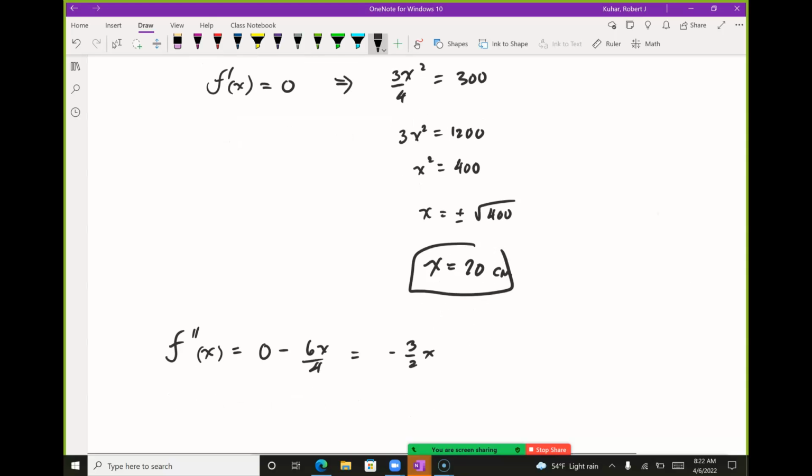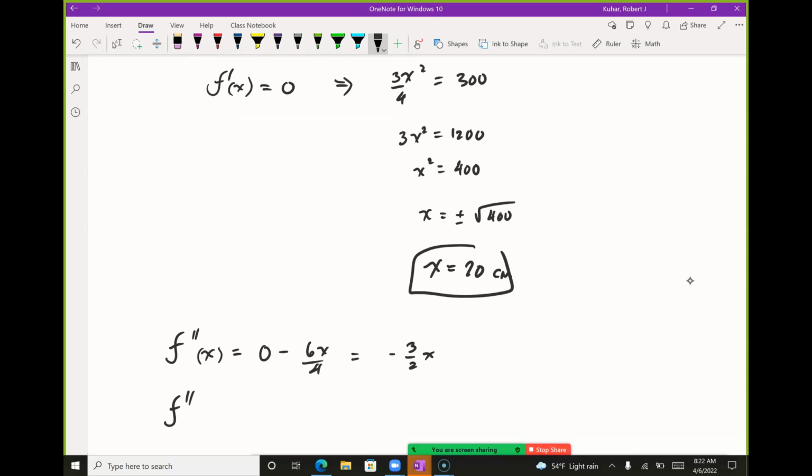And if I put my value of 20 into the second derivative, I get a negative, right? So negative 30. But who cares? I only care about the negative piece of it. So negative people frown, right? Negative people frown. So I'm looking at this concave down piece, so I know I've got to have a max.